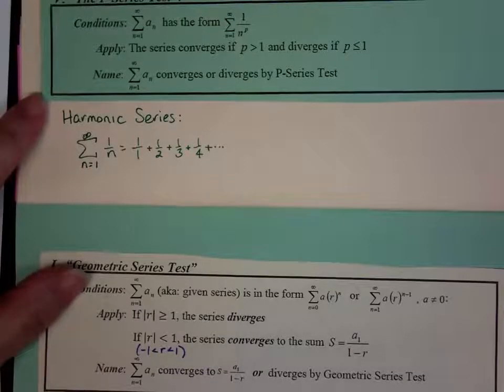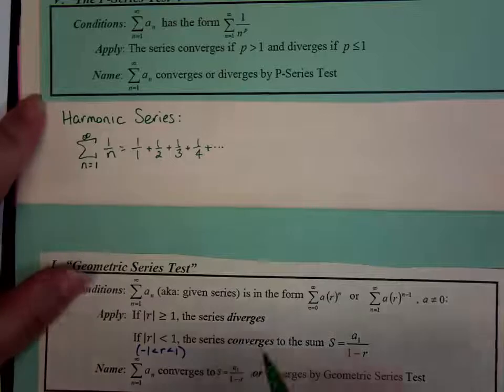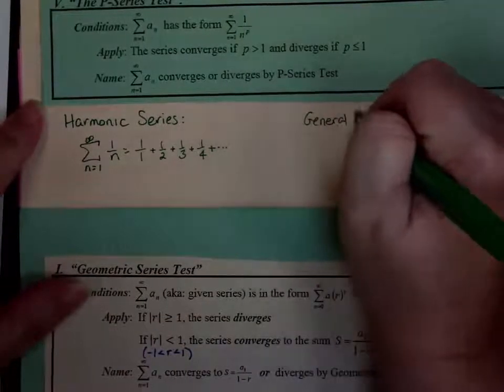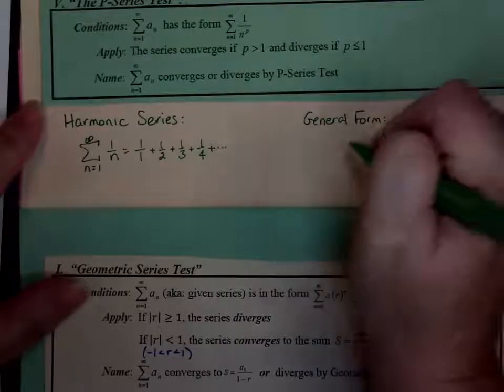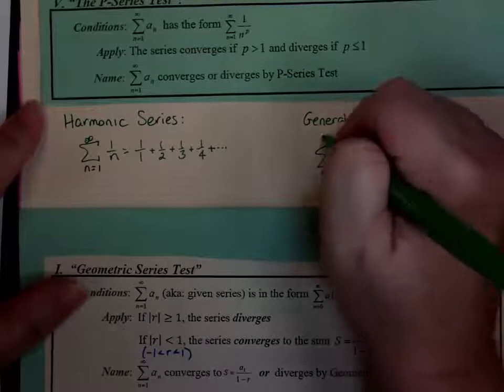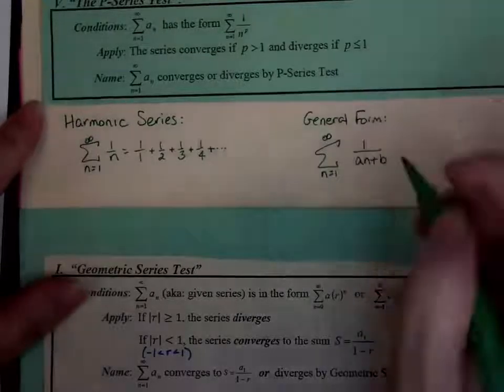Now, this is one of those weird instances where even though the fractions are getting smaller, it still diverges. And if you look back on the notes page, there was a whole proof there as to why it diverges. Okay? Now, the other thing we're going to write is the general form for the harmonic, because sometimes you will see series this way: n equals 1 to infinity of 1 over a n plus b.